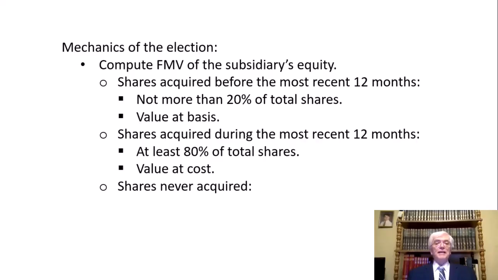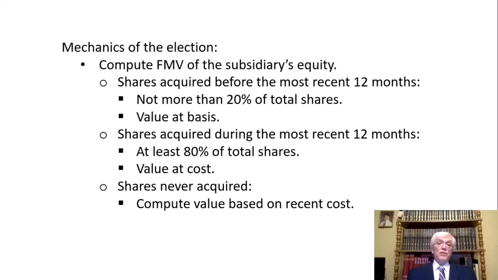But if you didn't get 100%, then what's the basis of those? Well, just compute that based on your recent costs. So if you had 10% that was prior to the acquisition, and then you bought another 80% during the last 12 months, well, now you've got 10% that you just never acquired. You've got 90%, and other folks out there have the other 10%.